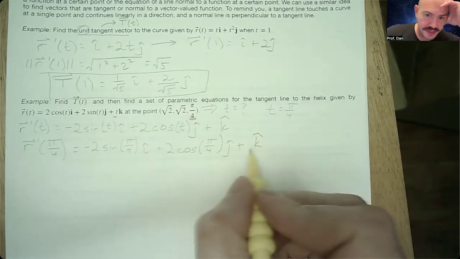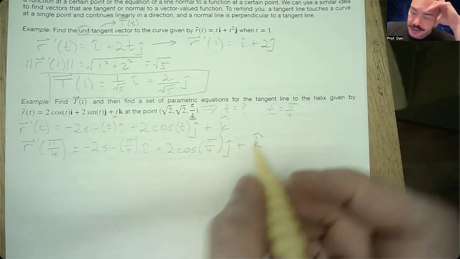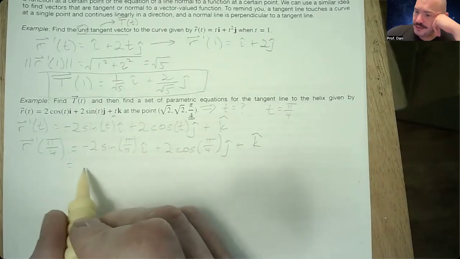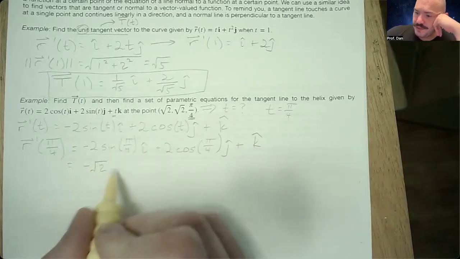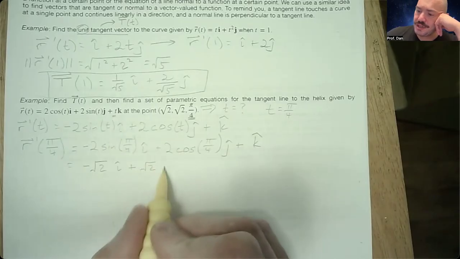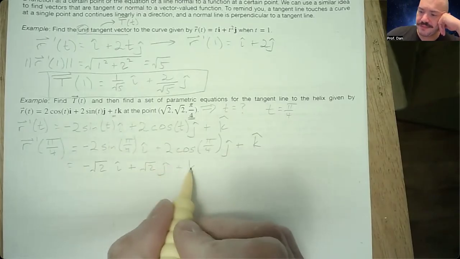No dependence on t for this one. And knowing my unit circle, I know that this will work out to negative square root of 2 i plus square root of 2 j plus k.